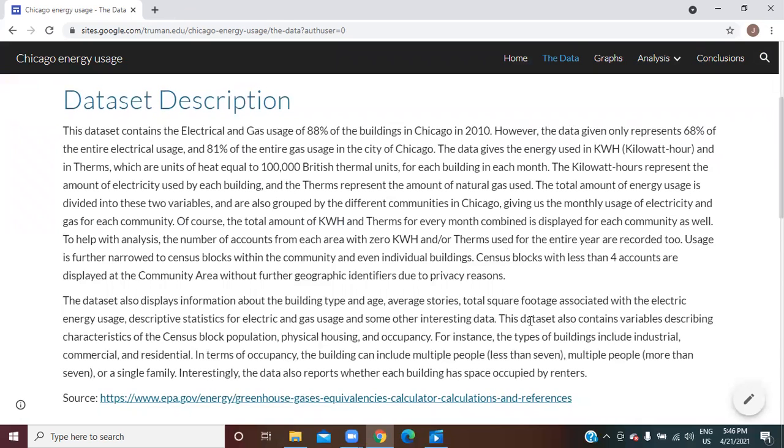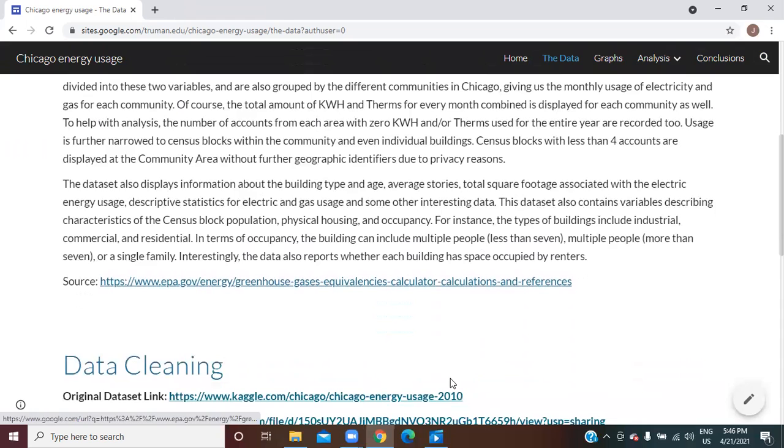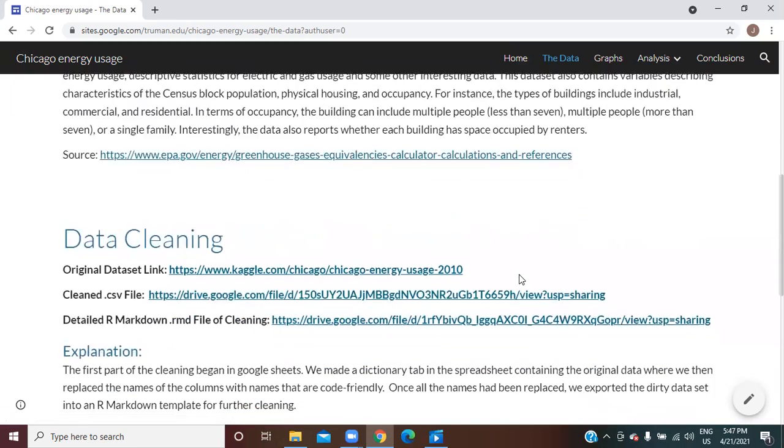The data set also gave information provided by the census. So it described census blocks, building type, age, average stories, total square footage, population, housing, and occupancy. So not only could we describe usage by types of buildings, but also by the amount of residents that they contained.